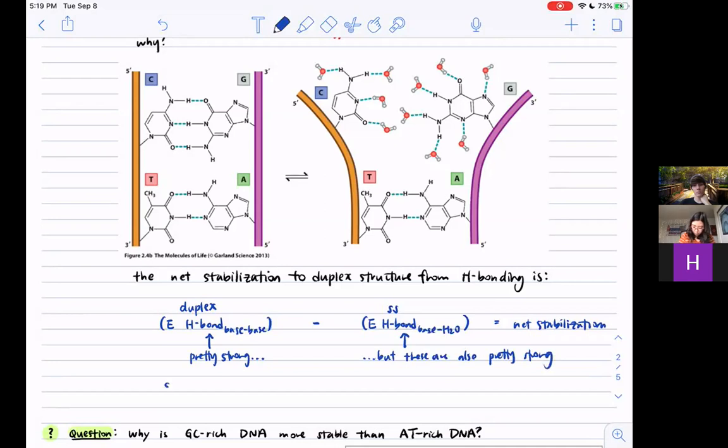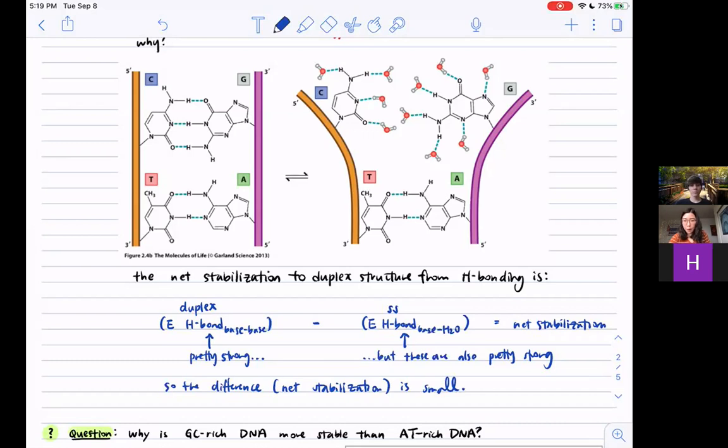So the net stabilization is relatively small compared to base stacking. Okay.